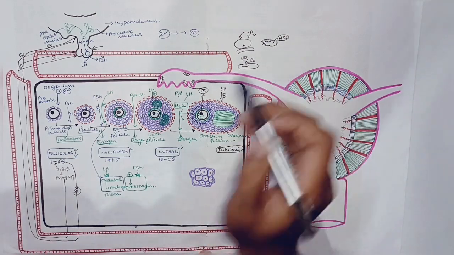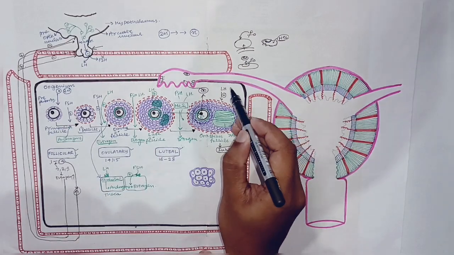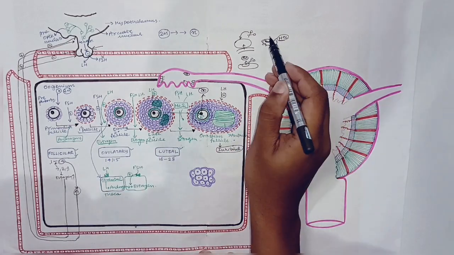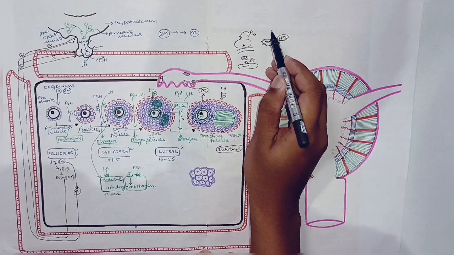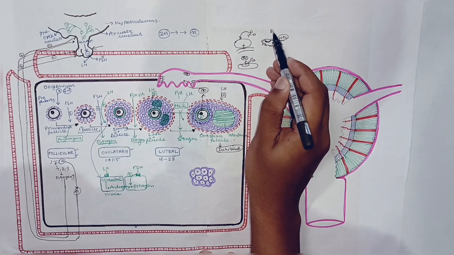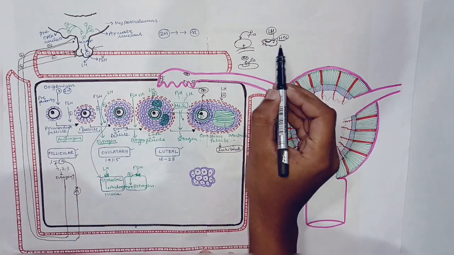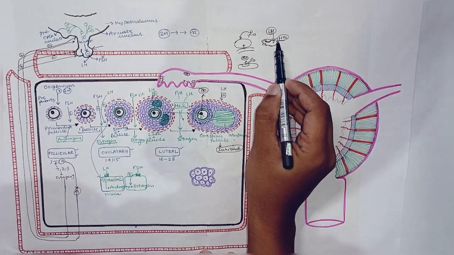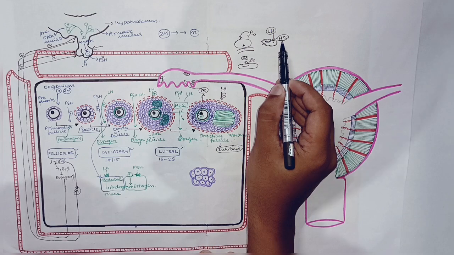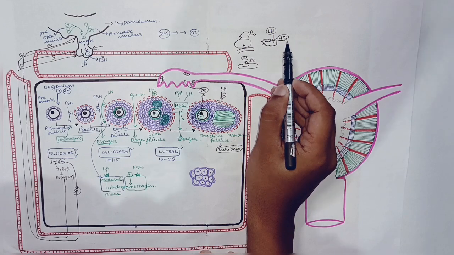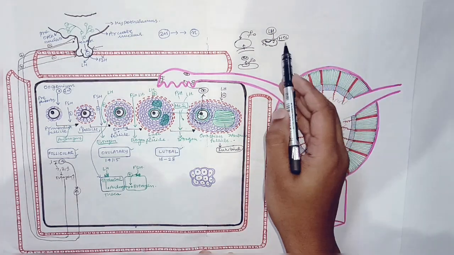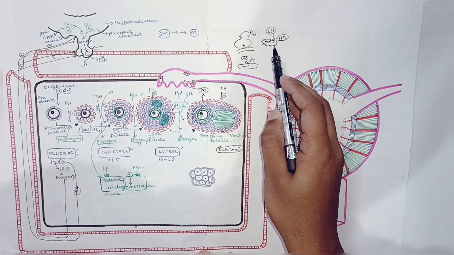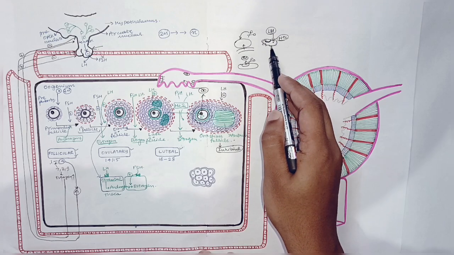Now this HCL is induced with the LH, luteinizing hormone. Again, this HCL is known as your hemorrhagic corpus luteum or the corpus hemorrhagicum. Now, this corpus hemorrhagicum is filled with a lot of blood.